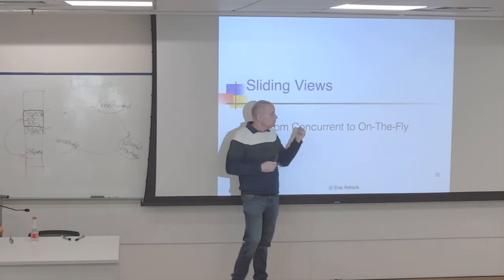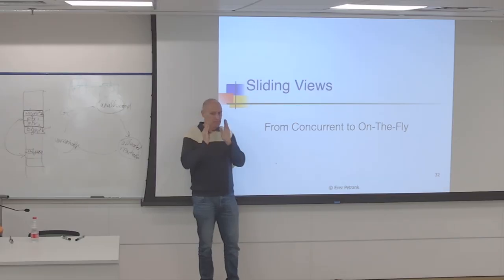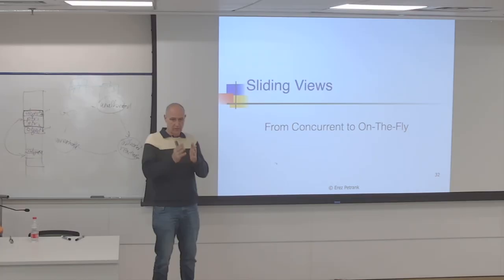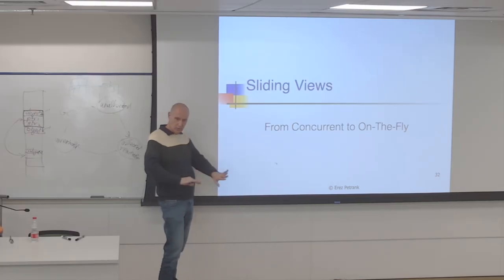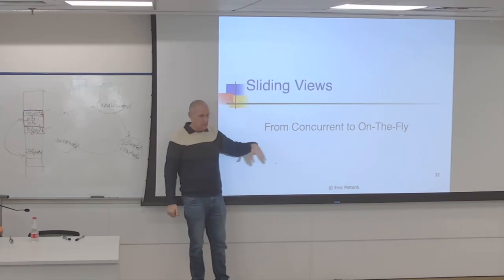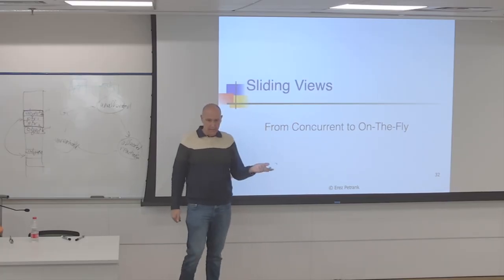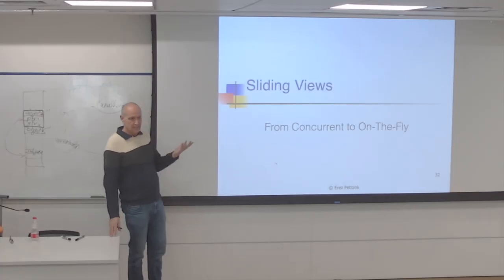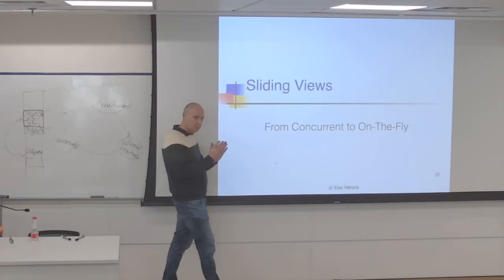And now, sliding views is a methodology to go from a snapshot algorithm, from a concurrent algorithm, to an on-the-fly algorithm. If we follow this methodology, we can understand why it's correct, and we know how to do it. And it's going to be a lot clearer, I hope.